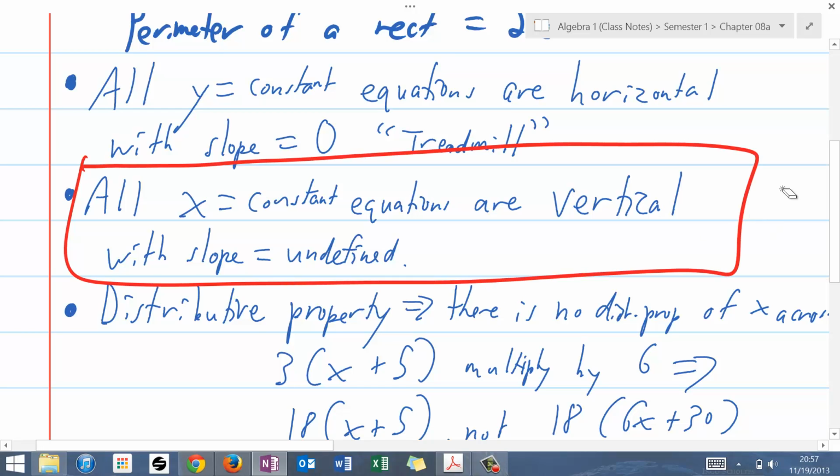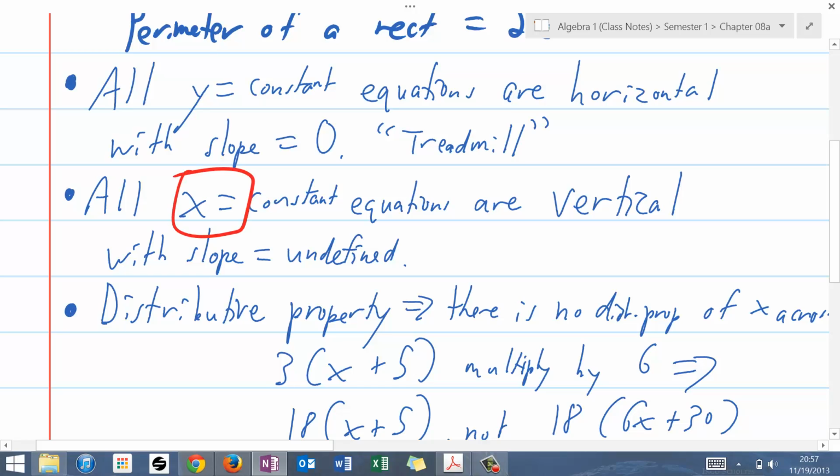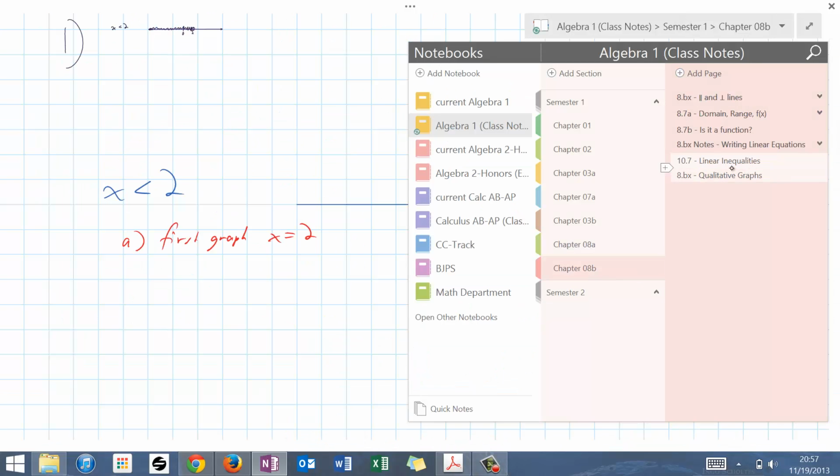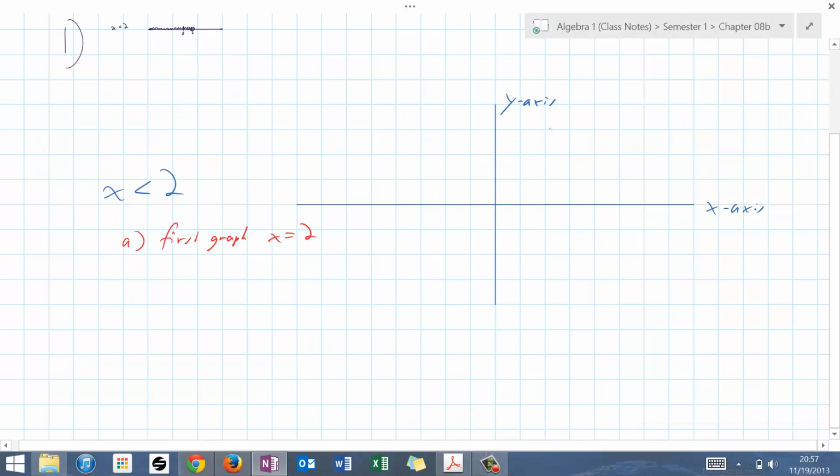I'm looking for the link between x equals lines and vertical. X equals lines are vertical. So if I go back to our notes, x equals 2 is a vertical line. Now, I'm going to graph it, but I'm going to do it very faintly, as faint as I can. Don't put that down yet, because the second step is to decide: is it a dotted line or a solid?